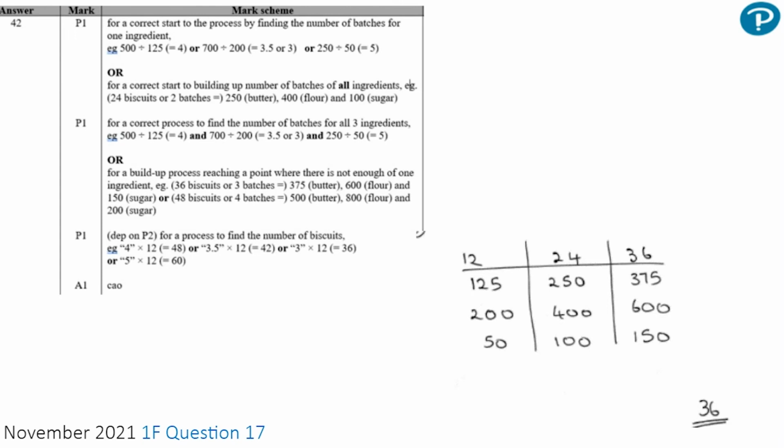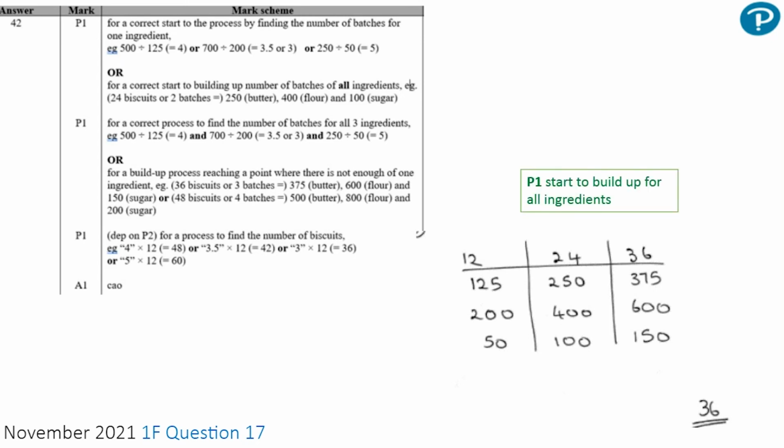Quite an unconventional method in terms of laying this out because there's not a great deal of explanation, and you have to sort of dig around to think, well, what are they doing? Well, it's a ratio table of some sort where they're building it up, 12, 24, 36 for each of the ingredients, 200, 400, 600. Again, they've got the amount for one ingredient.